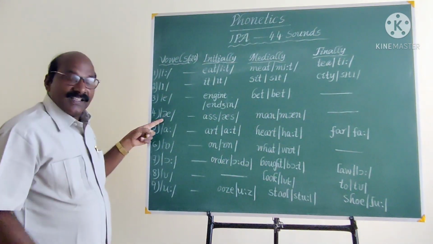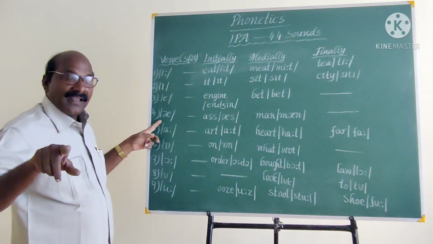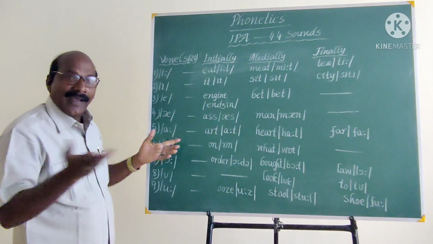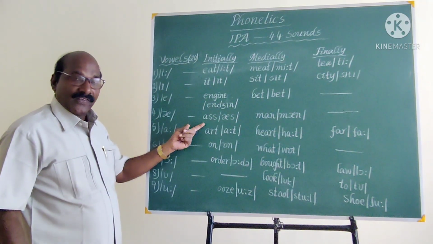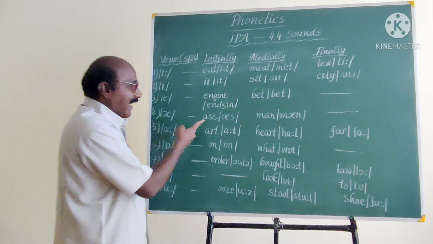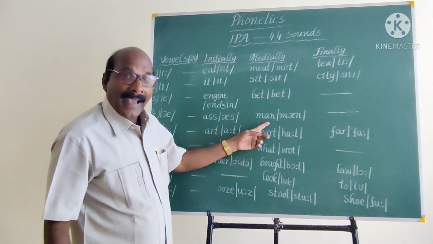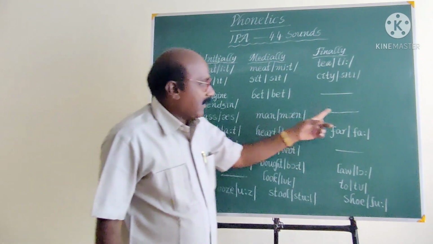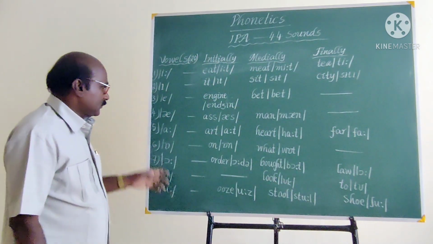Next one. This sound is pronounced as A. In fact, in Telugu we don't have this sound. But in English, initially it occurs as, as. Medially, man, doesn't occur.